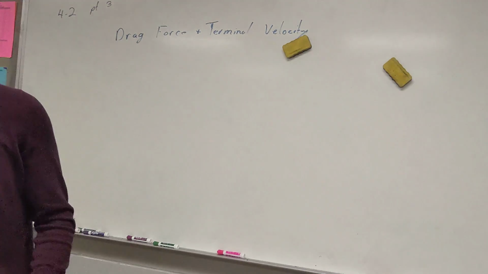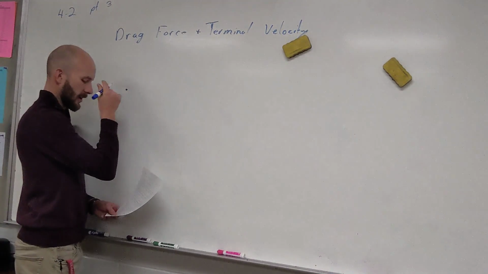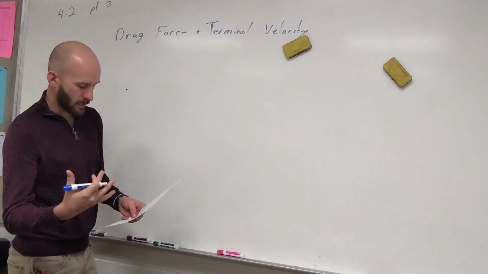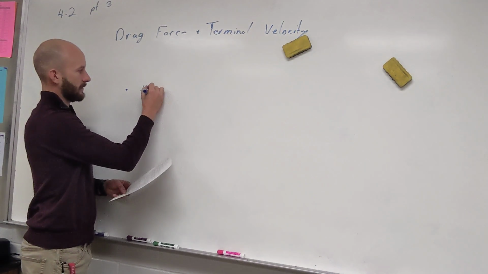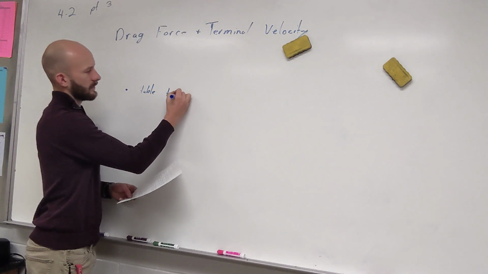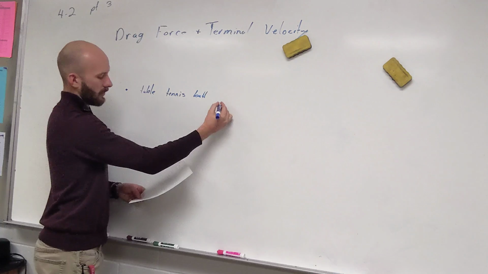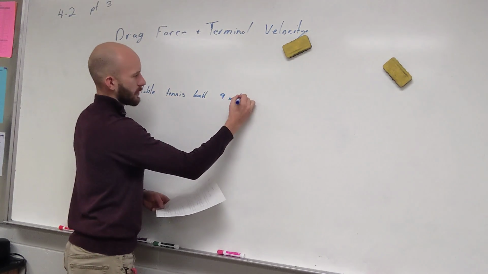Real quick, let's look at the terminal velocity of some common objects, just to give you guys some ideas for normal objects. A table tennis ball has a terminal velocity of only 9 meters per second.